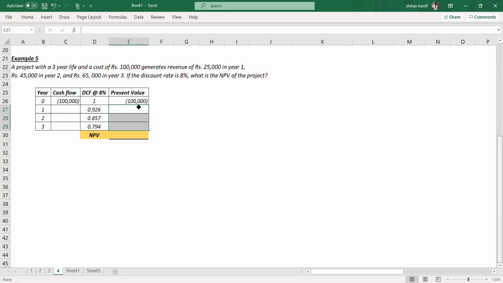So that's favorable benefit for you. If you invest 100,000, if you are getting more than 100,000, then you will accept. If you are getting less than 100,000, no point of investing on this project. That is positive negative. Revenue year 1 25,000, year 2 45,000, year 3 65,000.